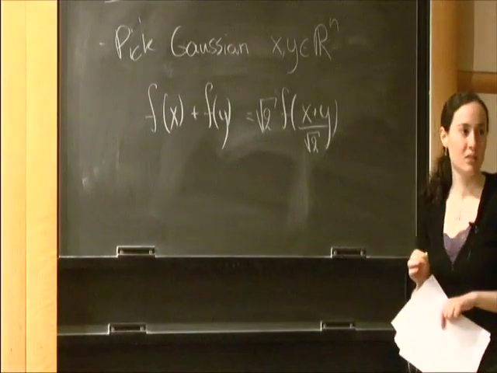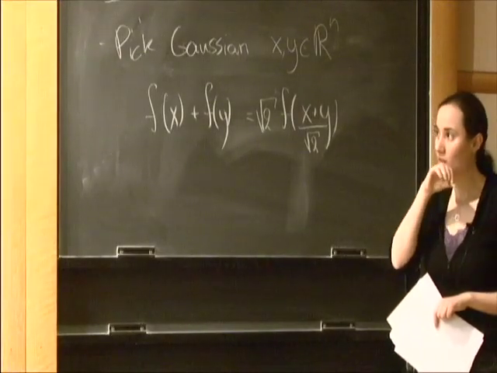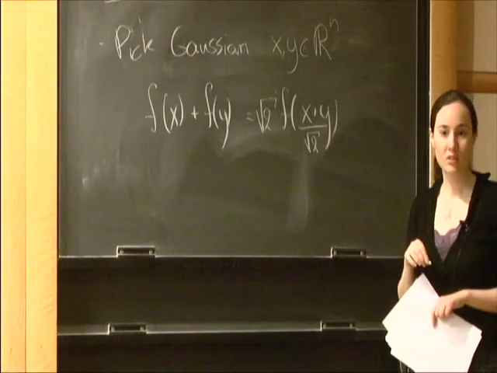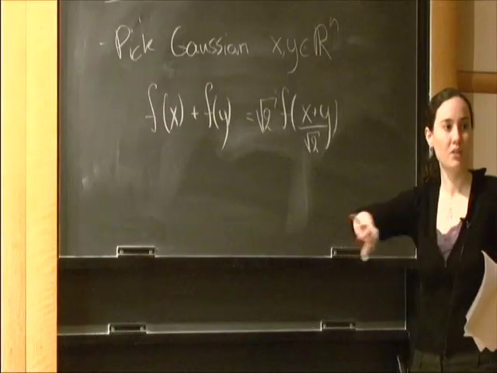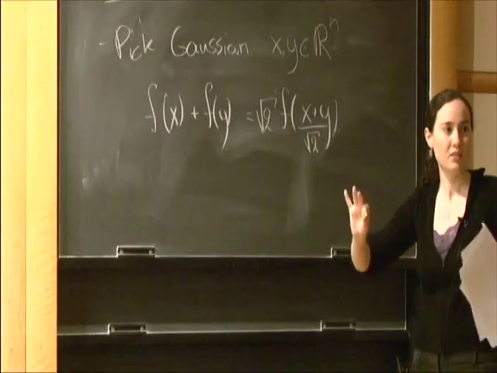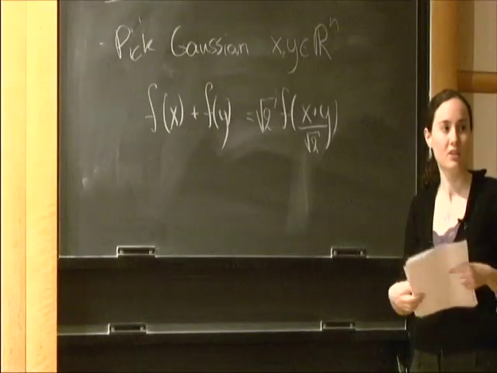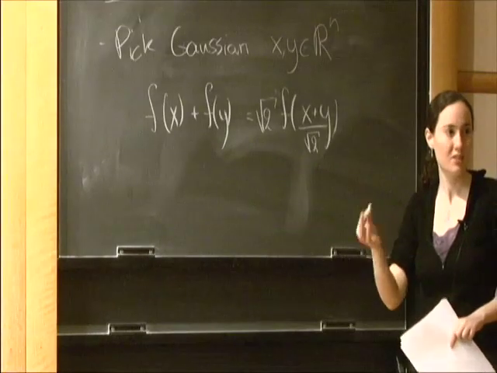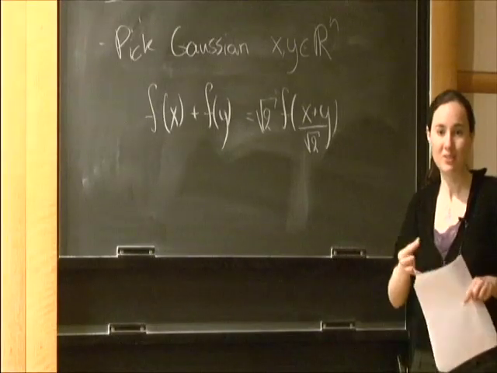By the way, this definition of linearity, f equals the linear part plus the nonlinear part. Why is this orthogonal? That's the definition. Any function can be decomposed into a linear part and a nonlinear part, and the nonlinear part is always orthogonal with respect to the Gaussian inner product.